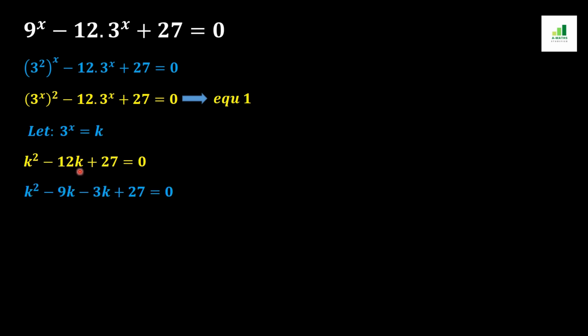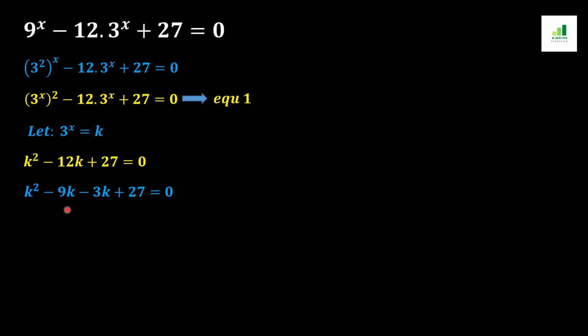So we can break this 12k as 9k minus 3k, because according to the factorization of trinomials rule, if a quadratic equation has c with a positive sign, then b will break in the same sign. It means that addition will be performed over here.